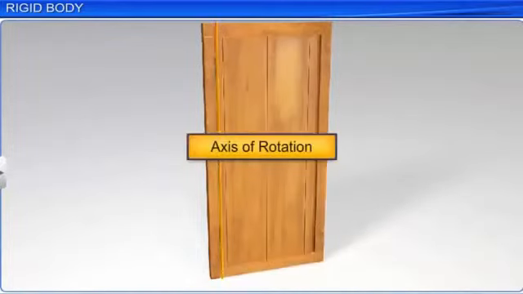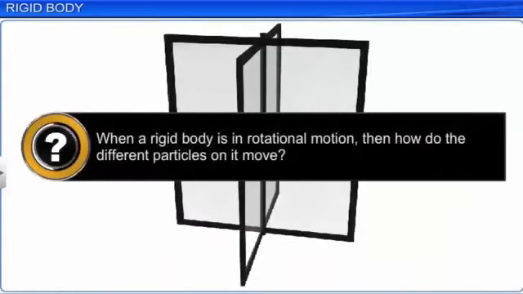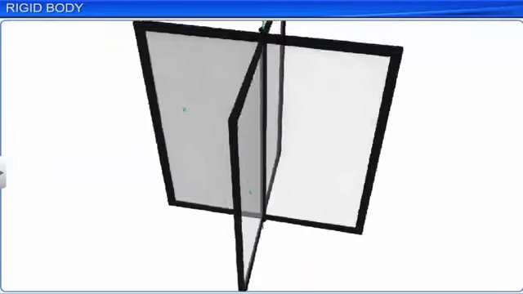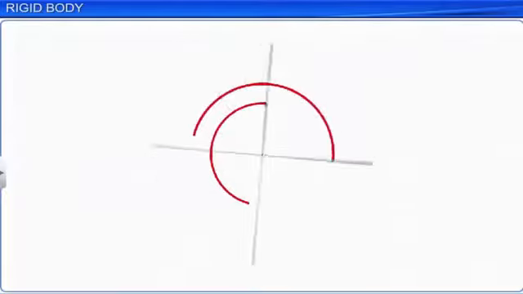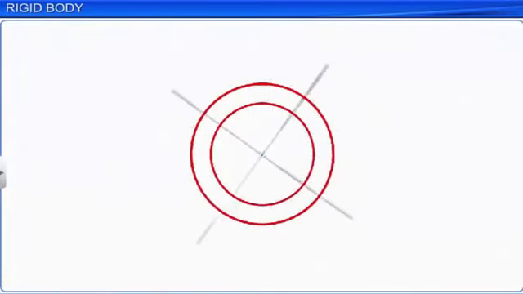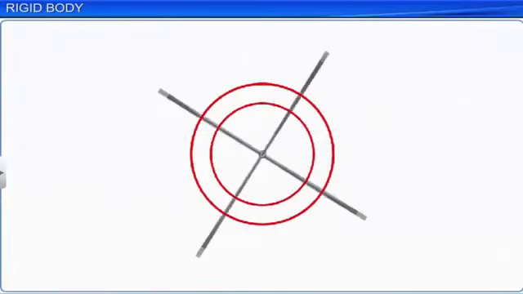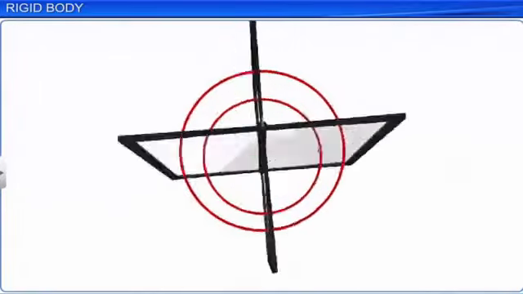When a rigid body is in rotational motion, how do the different particles on it move? Every point on it moves along a circular path with the center on the axis of rotation, and the plane of this circle perpendicular to the axis of rotation.